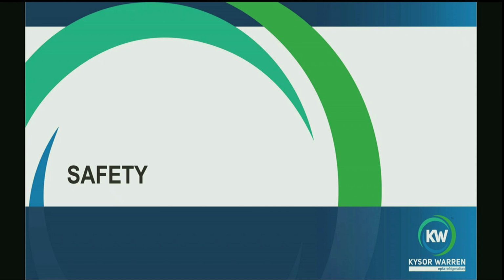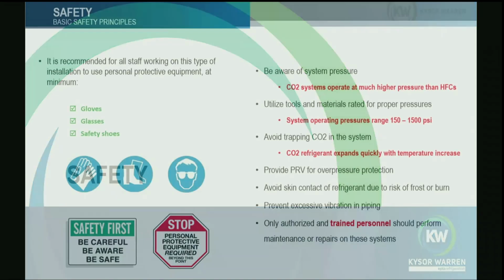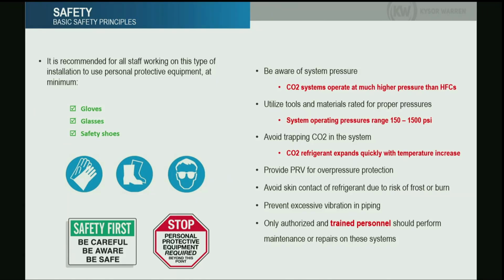Talking about safety on CO2 systems, there are different things that we need to consider. First, I want to say that similar safeties that you have with HFC also apply with CO2. In addition to that, we need to consider a few more.